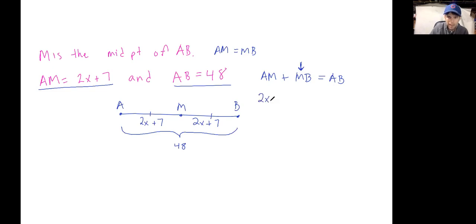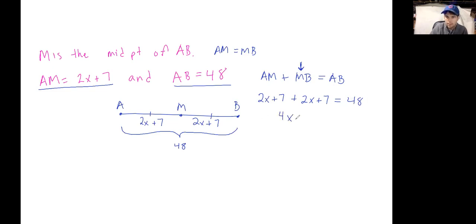All right, so we know that AM is 2x plus 7 plus MB, which is the same length because they're equal, and they equal 48. But again, if they're the same and they add together to be 48, then one of them is going to be half of 48, but that's okay.